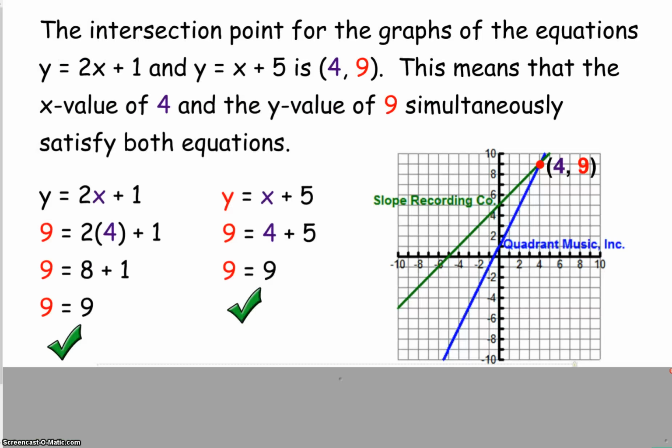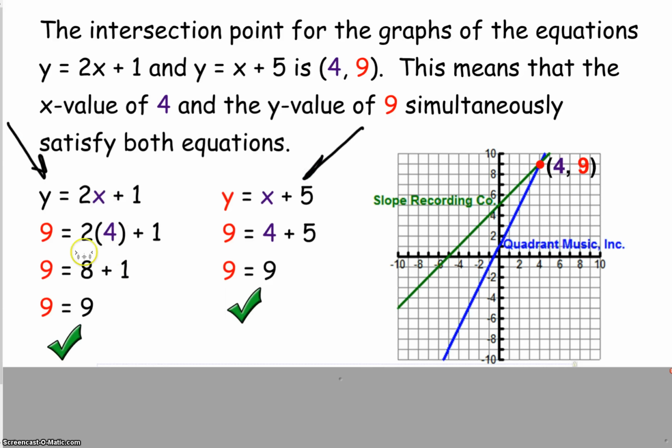Okay, so number 7 says the intersection point for the graph of the equations is 4, 9, and this means that the x value of 4 and the y value of 9 simultaneously satisfy both equations. And where it says to prove it, here is the proof.